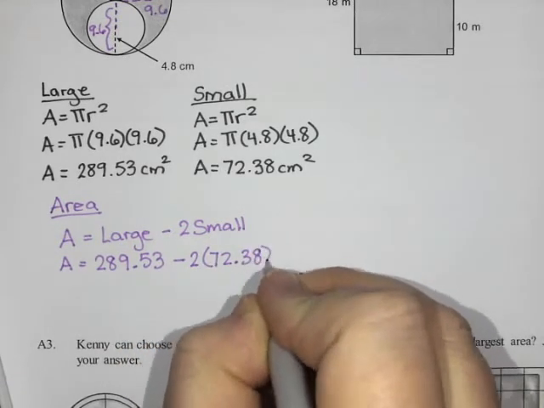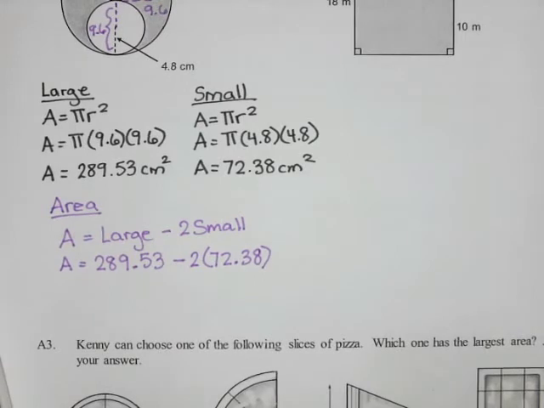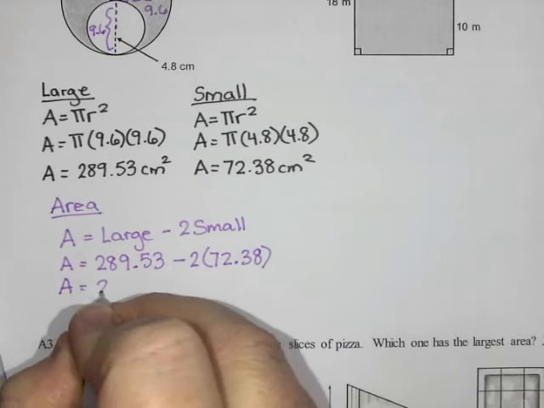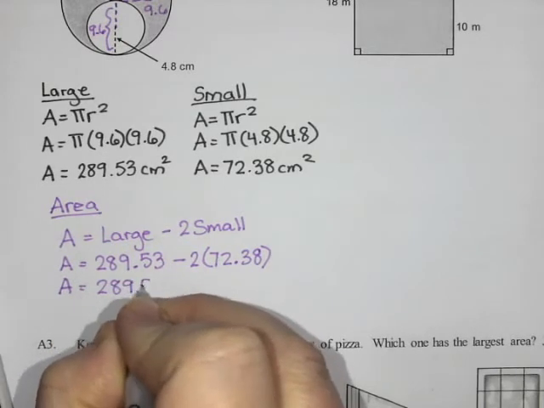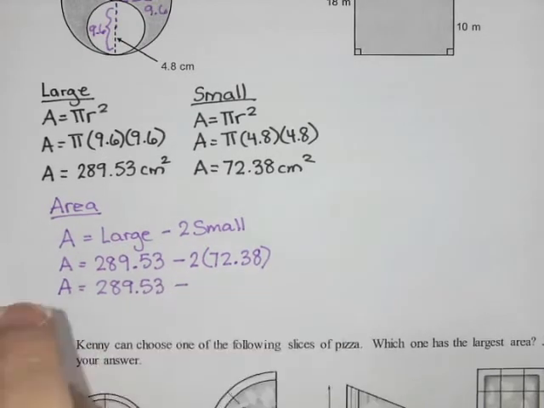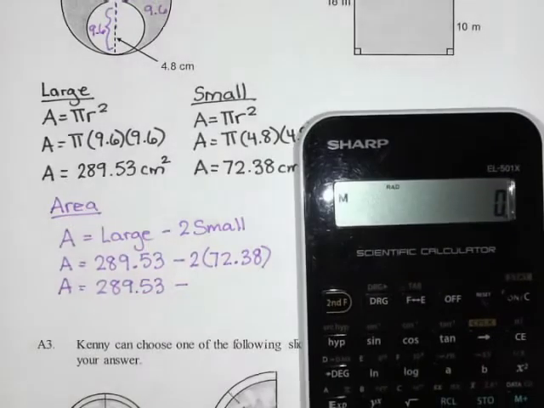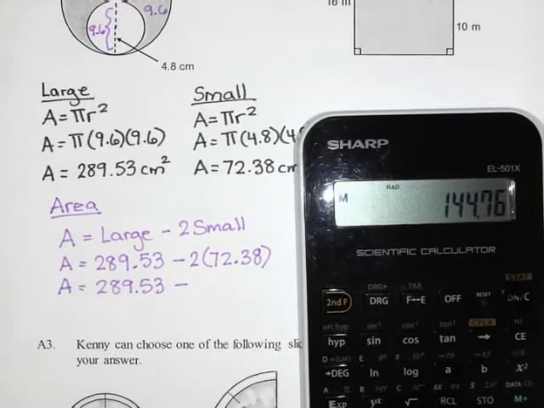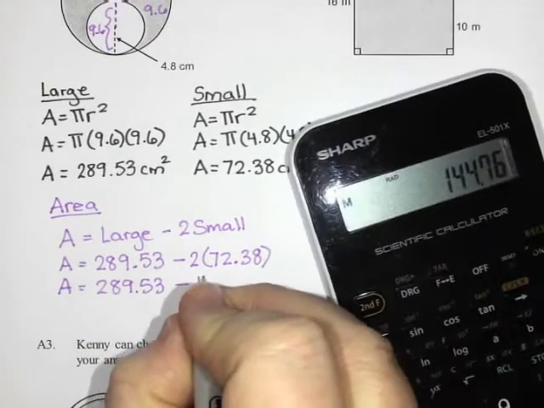You could also subtract 72.38 minus 72.38. You could do it twice. So 2 times 72.38 is 144.76.